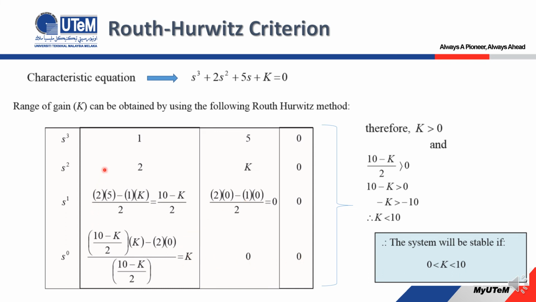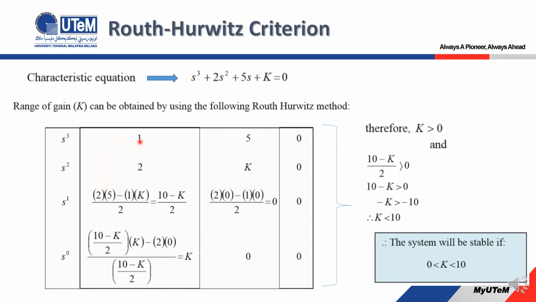After we get all these coefficients and fill them in this RH table, we can analyze how to choose the value of K so that the system is in stable condition. As I mentioned before, in order to make sure the system is stable, all these coefficients should have the same sign.